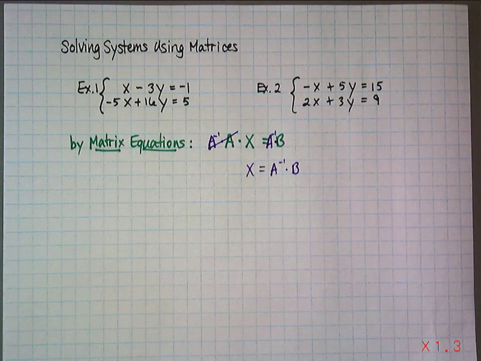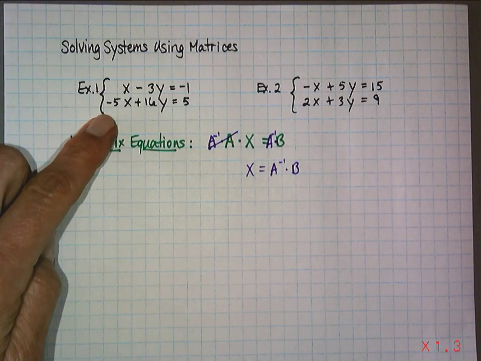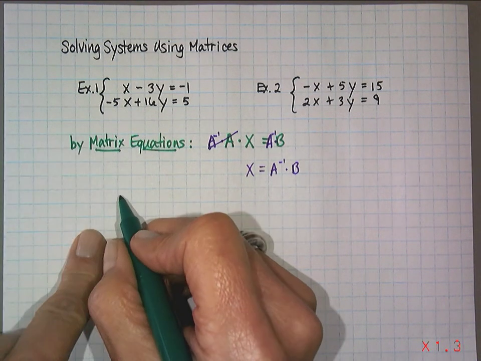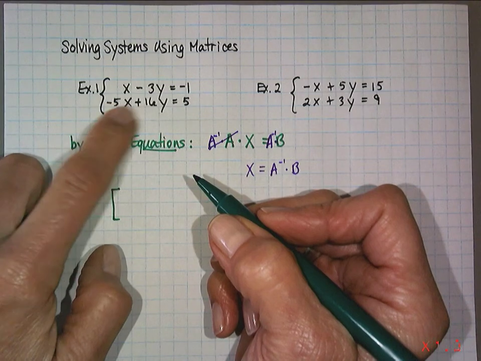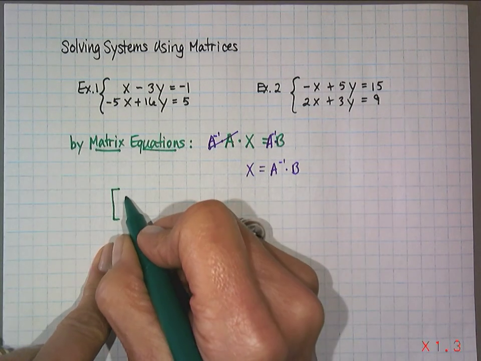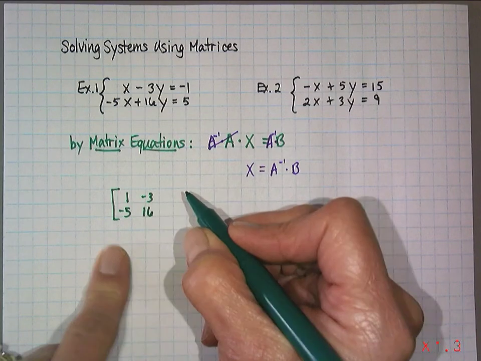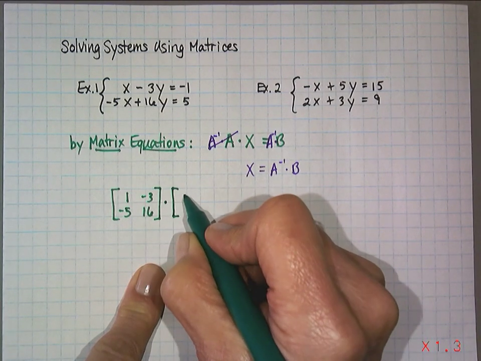So if I were to take my first system and write it as a matrix equation, it would look something like this. The coefficients of x and y become my first matrix: 1, -3, -5, and 16. Close that matrix, multiply it by a 2 by 1 matrix.